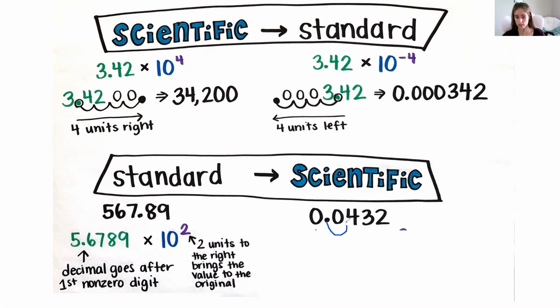So if I move it once, I still got 0 and something. If I move it a second time, I now have 4 and something. Does 4 fall between 1 and 10? It certainly does. So I can stop moving my decimal point because I've moved it so that it fits the requirements between 1 and 10.